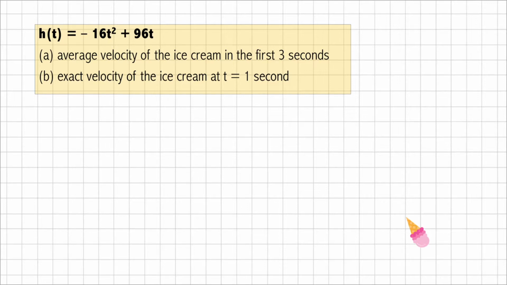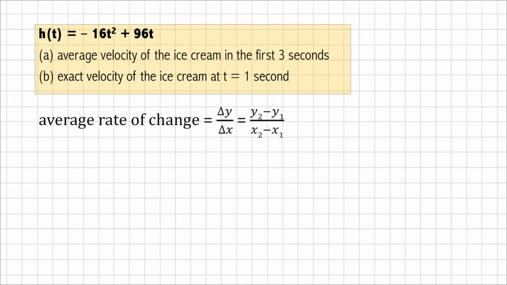For the first question, we also know that the average velocity is defined as a change in the displacement over change in time. In this case, delta h of t over delta t, which is the average rate of change of h of t. Let's then write the general definition of the average rate of change in the context of average velocity.